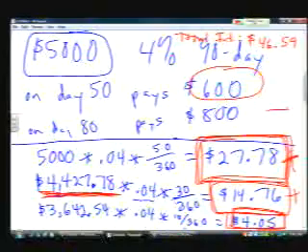Now, do you remember what the total interest would be if we didn't make any early payments at all? Do you remember what that was, Rachel? In other words, we did figure it out. We said if he doesn't make any early payments at all, it's just his $5,000 times 0.04 times 90 over 360. 360, I'm sorry.